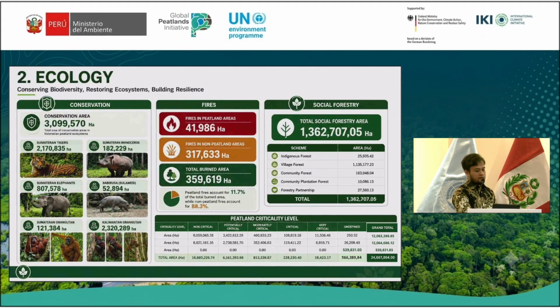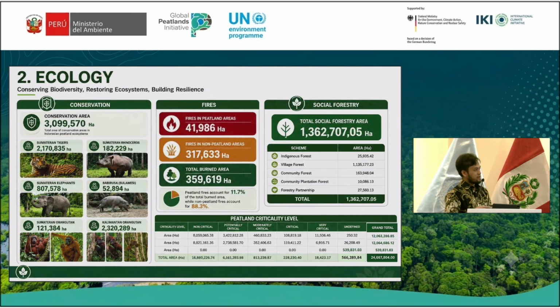So the peatland management in Indonesia has a major responsibility to ensure the sustainable management of peatlands. This is a continuous effort that cannot be stopped or put on hold.